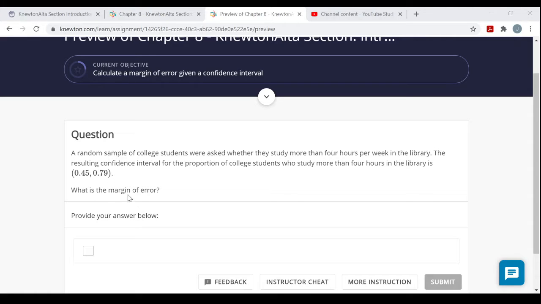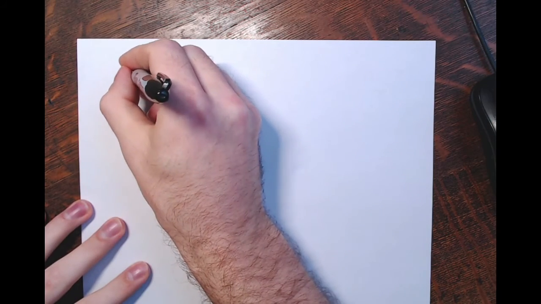We're asked, what is the margin of error in this confidence interval estimate of the population proportion? In order to answer this question, you need to remember how a confidence interval is formed.